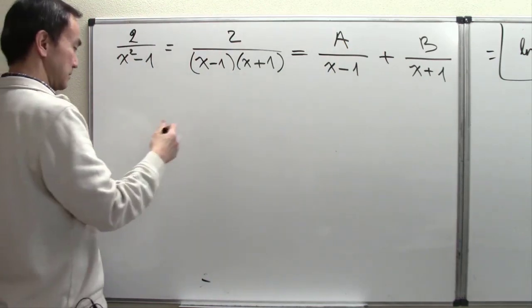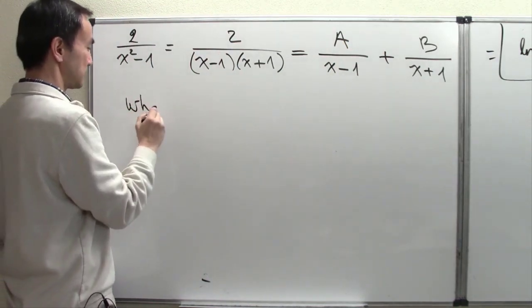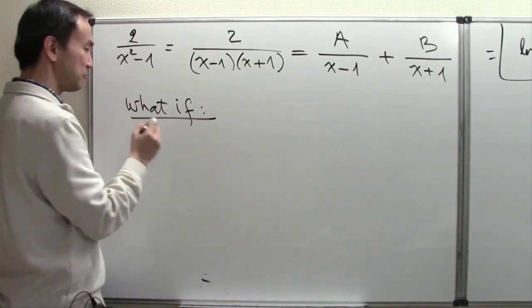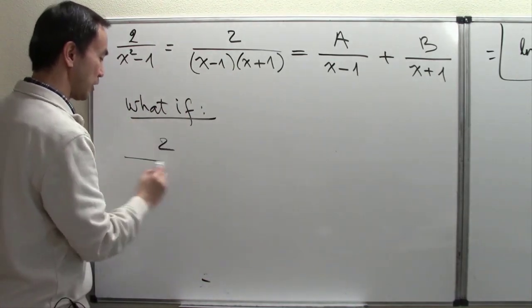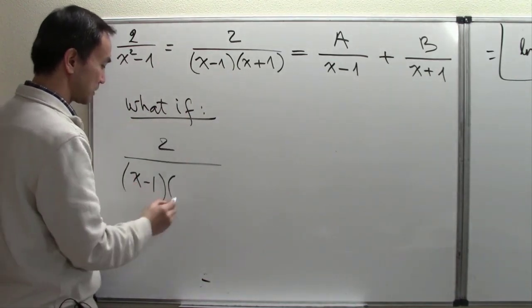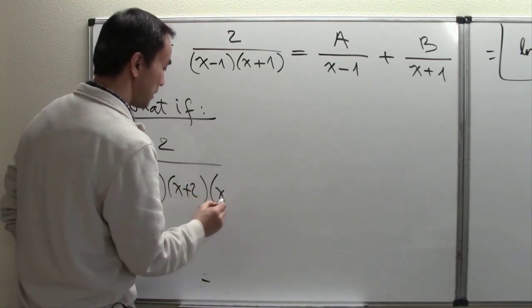Think about it before I advance further. Think about what ifs. What if it was a 2 over x minus 1, then x plus 2, and then x minus 3, something like that?